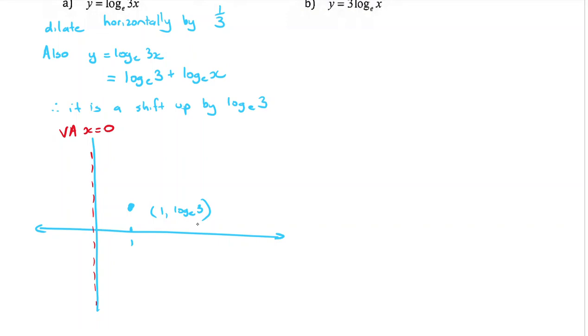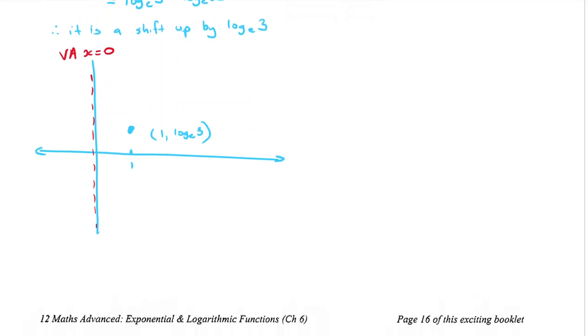I will need to find my new x-intercept by subbing in that y is equal to 0. So when y equals 0, I get 0 equals log e, I'm putting it into the original version, log e of 3x. Okay, because then I can do a sliding base.